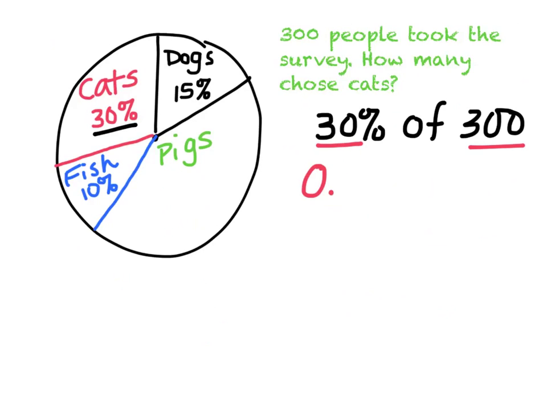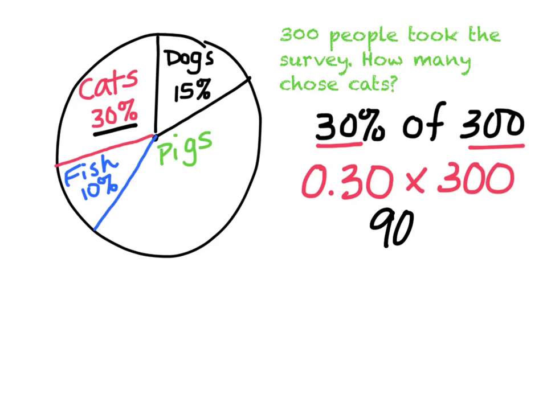So I'm going to do 0.30 times 360, or not times 360, sorry, times 300. I'm going to type that in here. You should do that, 0.30 times 300, and I get 90. So 90 people, when they took the survey, said that they had cats.